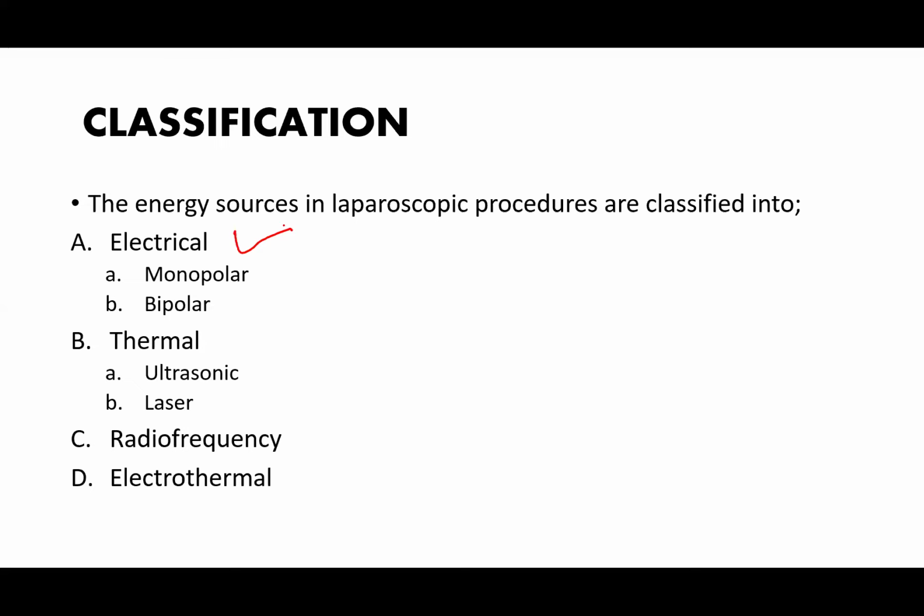Then the thermal sources, which could either be in the form of ultrasonic energy, that is transformed into mechanical energy and having cutting and coagulative or vessel sealing effect on a tissue, or the laser, then the radio frequency, then electrothermal. So we'll concentrate on the electrical and the ultrasonic energy sources.